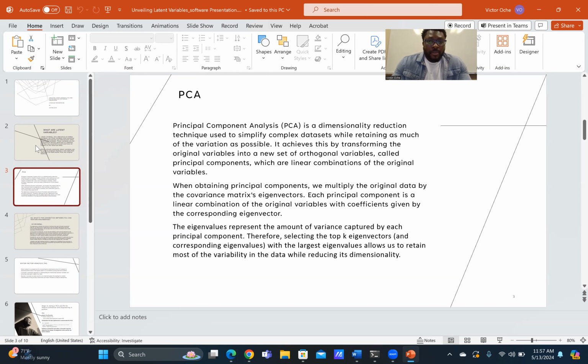Therefore, selecting the top k eigenvectors with the largest eigenvalues allows us to retain most of the variability in the data while reducing its dimensionality. I won't go deep into it because a lot of us know what this is.